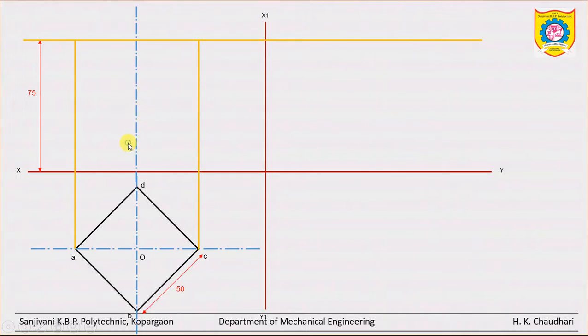Then locate the position of O dash and O dash. This is the axis of vertical prism. Now the points here on the base, that is A dash, here B dash, C dash and D dash. Similarly on the top square face.